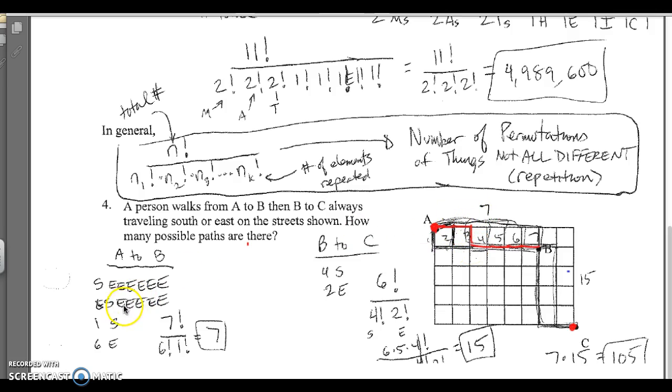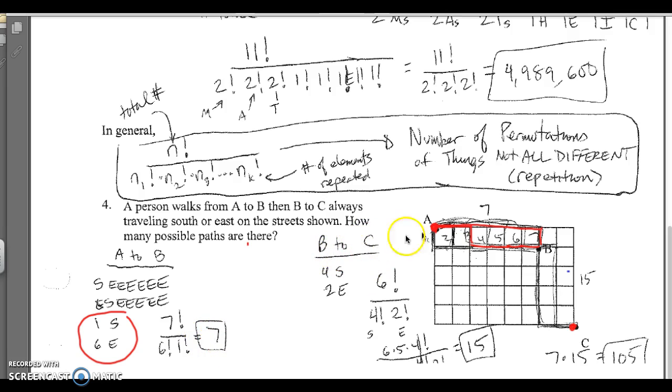So you're still going to have 6 E's, 1 S. So no matter what, however you get from A to B, you're always going to have 6 E's and 1 S. So this is basically showing us that the repeats are the E's, the 6 E's. So how many ways do we have to get from A to B? Well, we have 7 factorial. We know it takes a total of 7 steps no matter what, divided by all the repeats. Well, we have 6 E's and 1 south. So 7 factorial over 6 factorial, that just gives you 7.